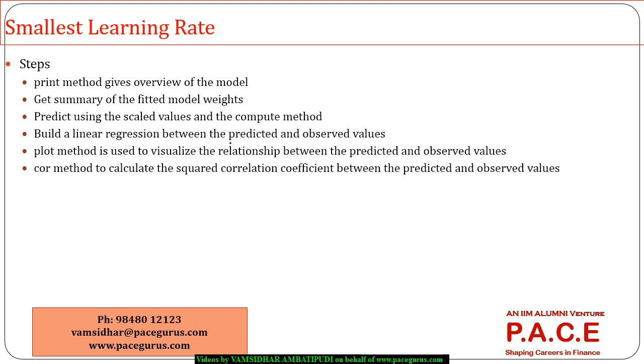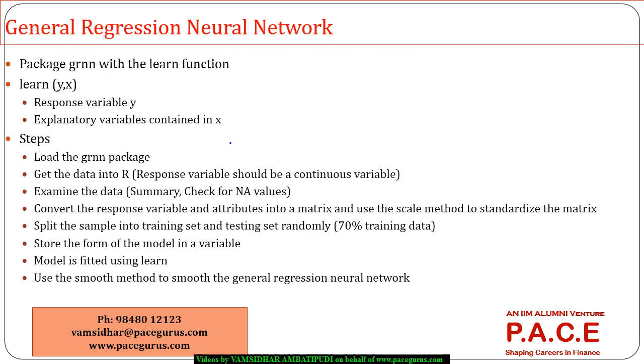The next algorithm is the general regression neural network. General regression neural network is the kind of algorithm that we will be using for the prediction of a numerical variable, which is the insurance charges, based on the variables that we have already discussed earlier.